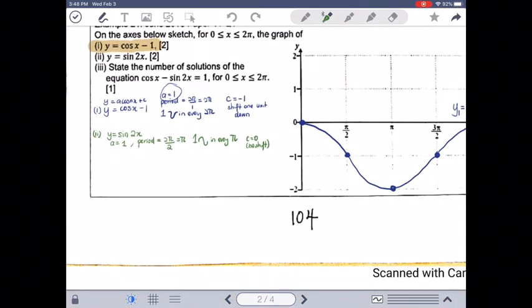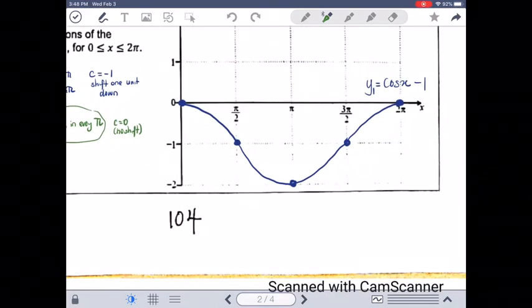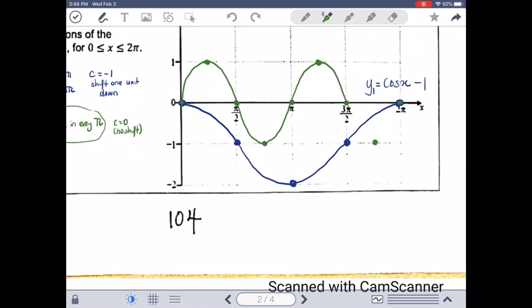So let's draw that. Amplitude 1, one cycle in every pi. So the first pi, and one more cycle on the next pi.